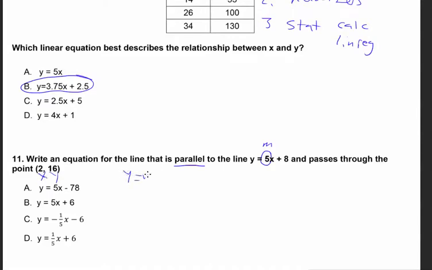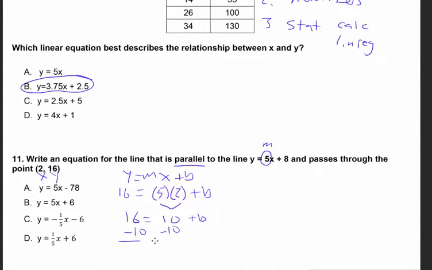I can use our slope-intercept form of y equals mx plus b and plug in the 3 values that I know, 16, 5, and 2, and then solve to find my y-intercept. 5 times 2 simplifies to 10, and subtracting 10 from both sides, I get b is equal to 6. So my equation then is going to be parallel to this one, so it has a slope of 5, and then has a y-intercept of 6. B.